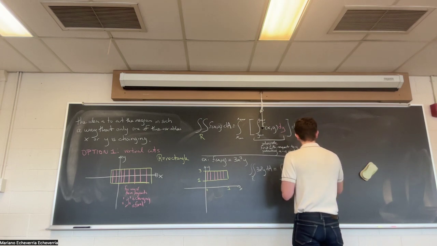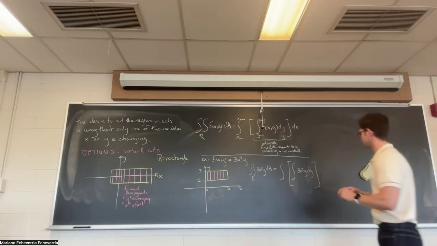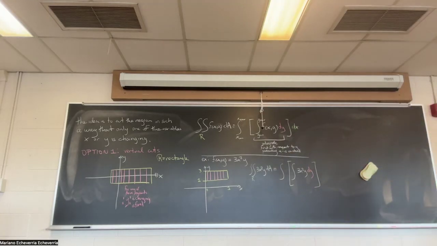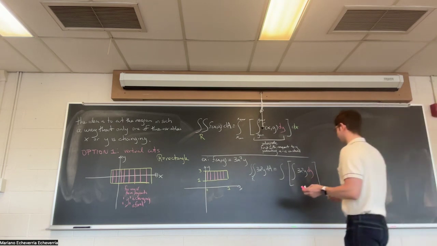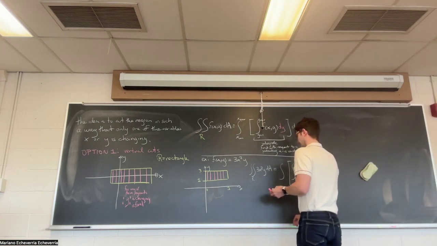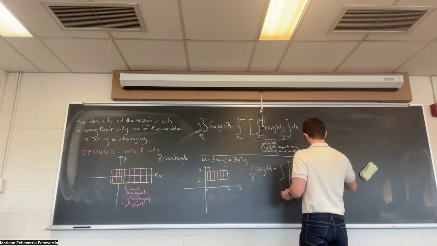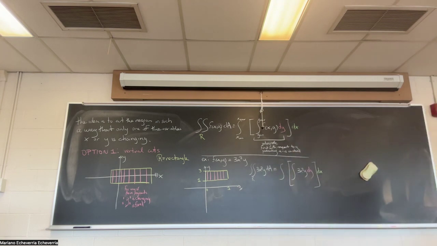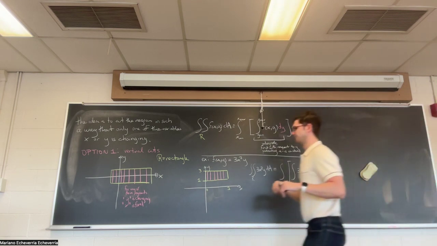So I'm going to integrate first with respect to y. And whatever I get, I'll integrate then with respect to x. So it is do an integral and then integrate the answer of that integration. Okay. So it's like an integral of an integral in a sense.